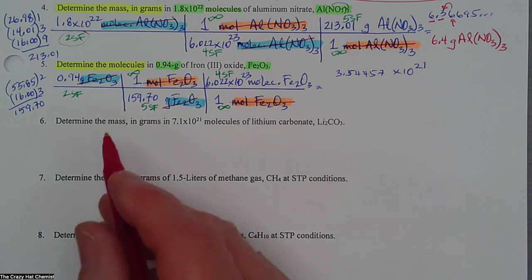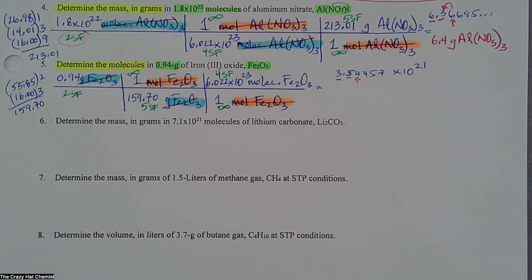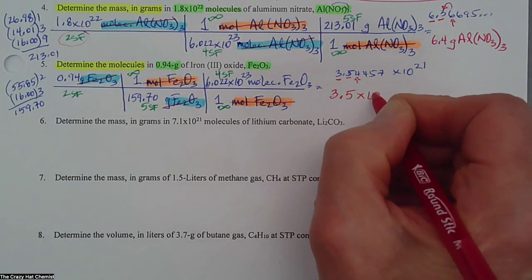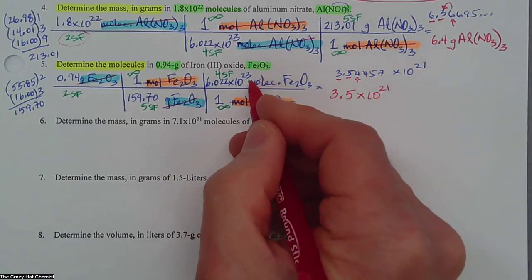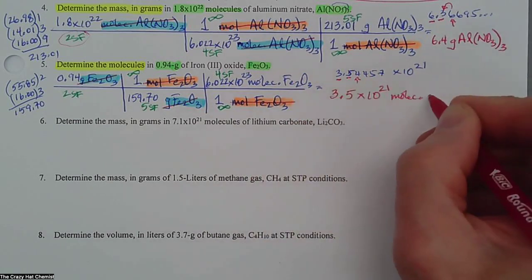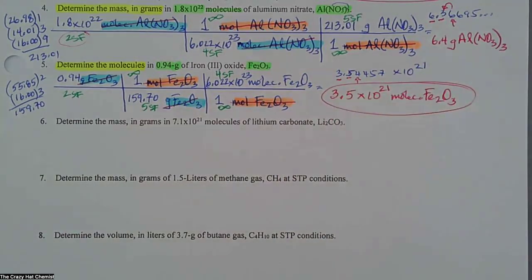I'm going to round this to 2 significant figures. That's 1, 2, that's 4 that I'm looking to round at, and that's 3.5 times 10 to the 21 molecules of Fe2O3. Excellent.